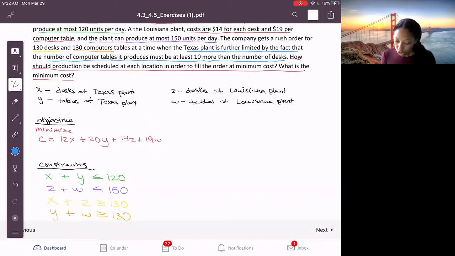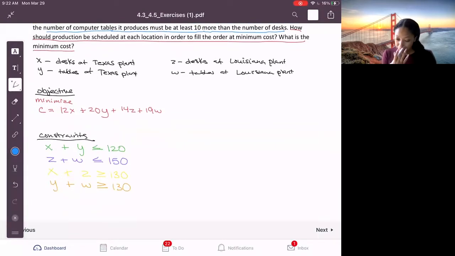All right, so in Texas, the number of computer tables is Y. That has to be at least 10 more than the number of desks. So Y has to be greater than or equal to X plus 10. That would be 10 more than the number of desks.